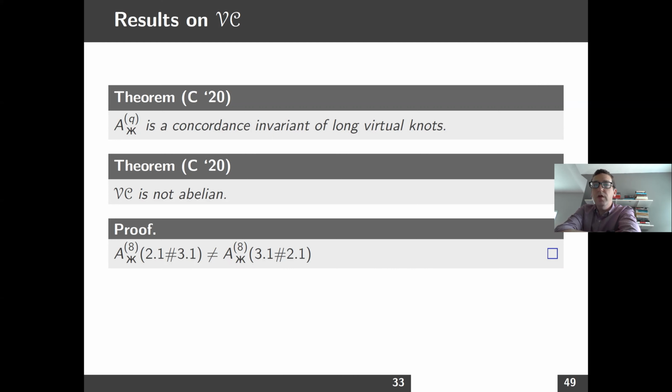So you have to go out all the way to the 8th term, to the 8th Artin representation, to make that actually work, but you can actually do the calculation. Okay, and a corollary of this is there exist non-concordant long virtual knots having concordant closure, because 2.1 times 3.1 has the same closure as 3.1 times 2.1.